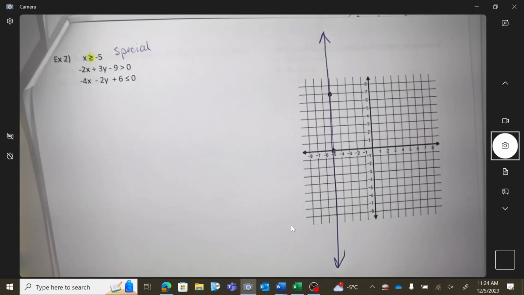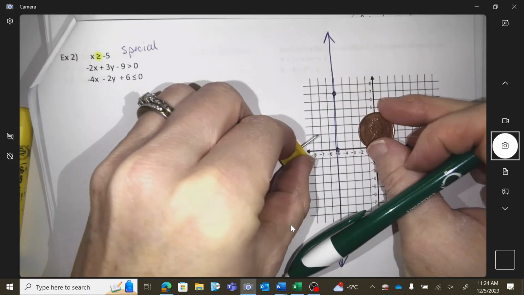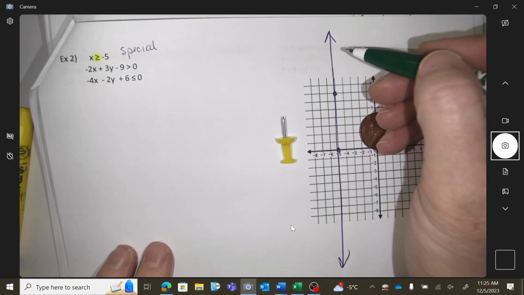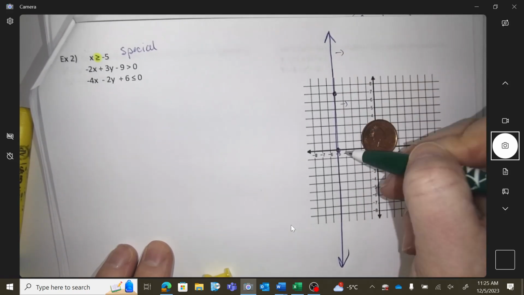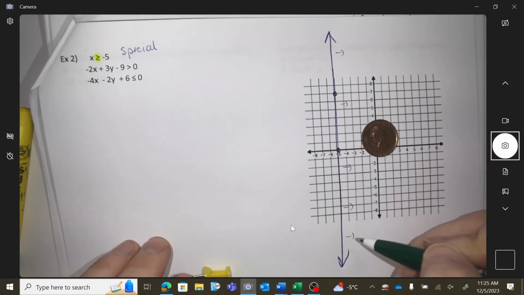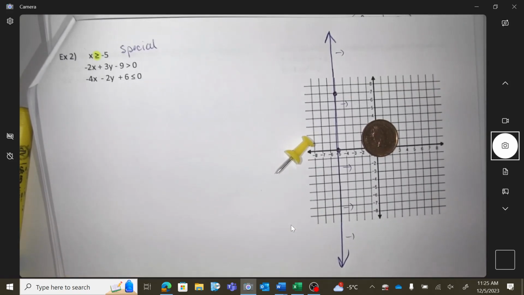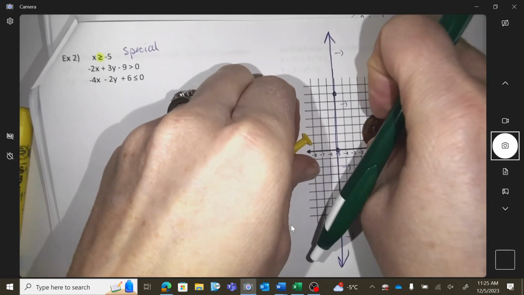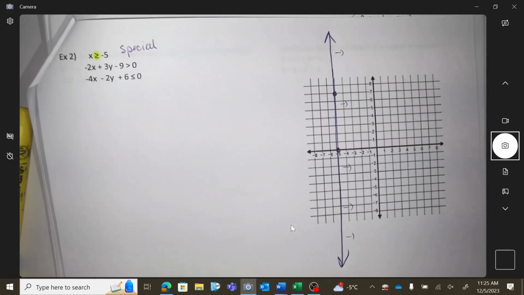Okay, which side of the line do you want to be on if you want to be greater than it? Which x values go greater, the right or the left? This way, right? I'd pick the penny on this one. That's the greater side. Okay, that's done.